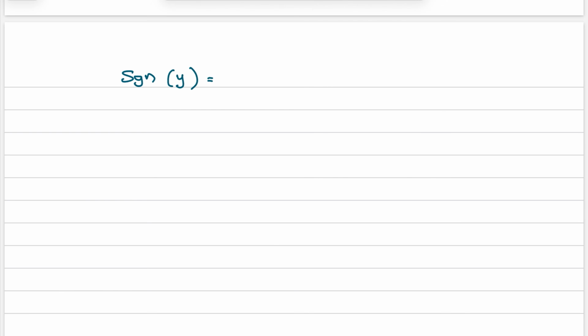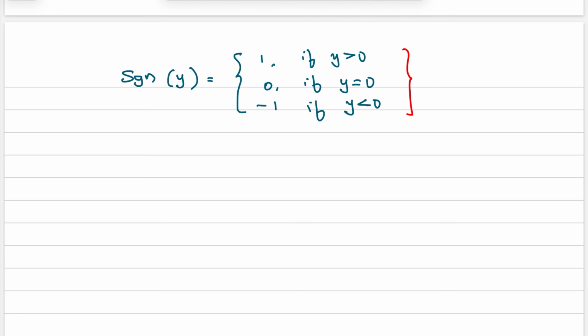Signum y is equal to, let us recollect, 1 if y is greater than 0, 0 if y is equal to 0, and minus 1 if y is less than 0. This is the definition of the signum function.